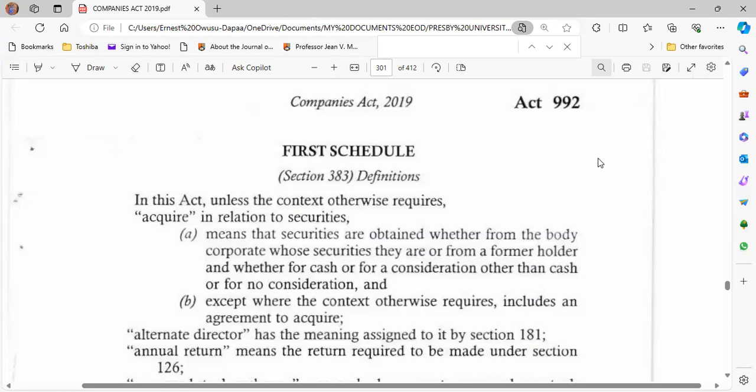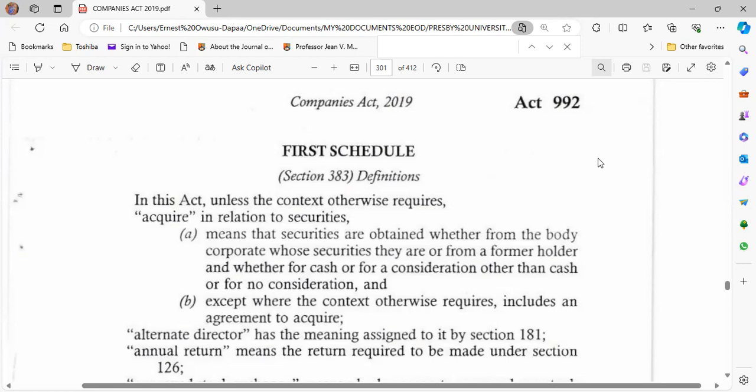So this first schedule is actually part and parcel of section 383. Just because section 383 would be too long, the legislative drafter has created a separate place for listing the various words and their meaning. So section 383 is the interpretation section, and the details of section 383 have been adumbrated for us in the first schedule.